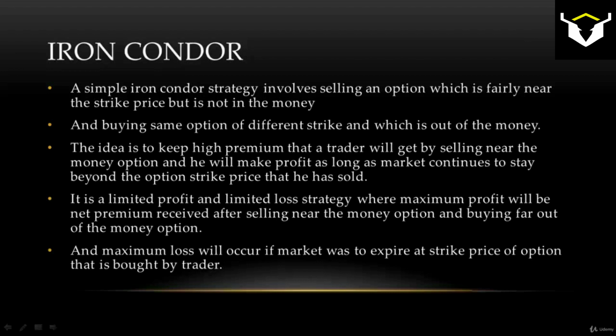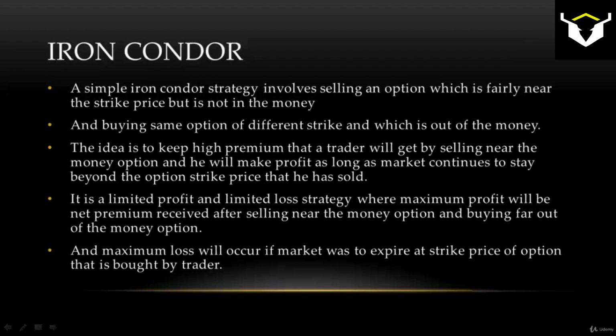So as long as the market continues to stay below his sold strike price, as long as his sold strike price continues to stay out of the money, the sold option will generate premium, will generate negative theta, which will act as profit for the trader, and the loss from the negative theta of the bought option will be lesser compared to the profit from the option that is sold and which is near the money.